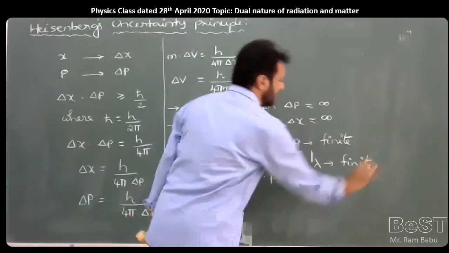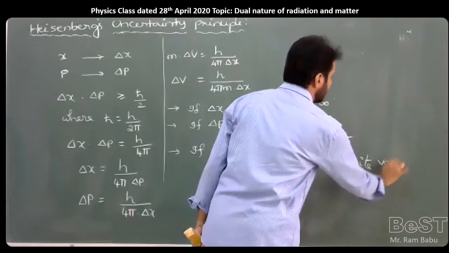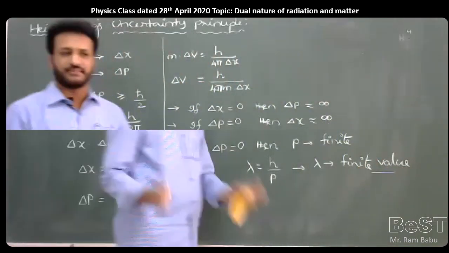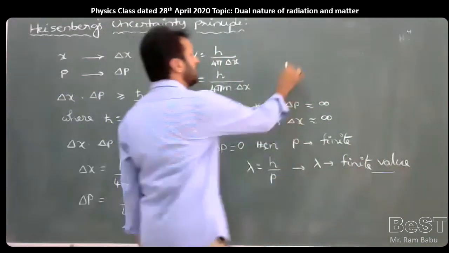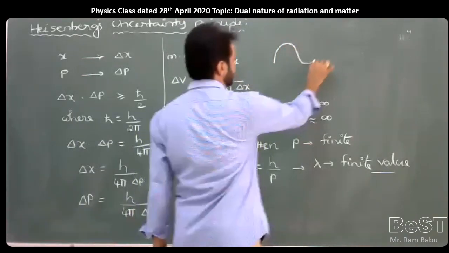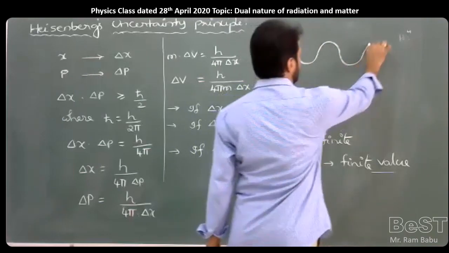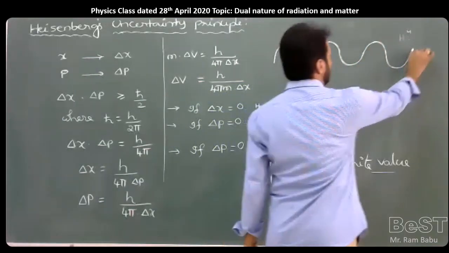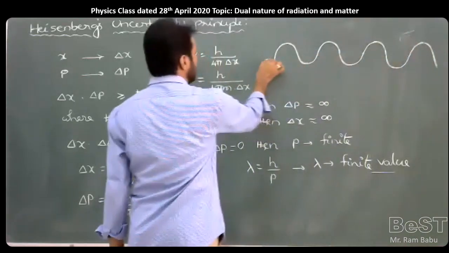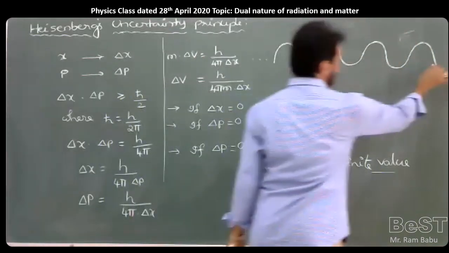Whenever lambda has a particular finite value, the de Broglie wave is extended throughout space like this. When a particle is in motion, the matter wave or de Broglie wave may extend up to infinite distance.